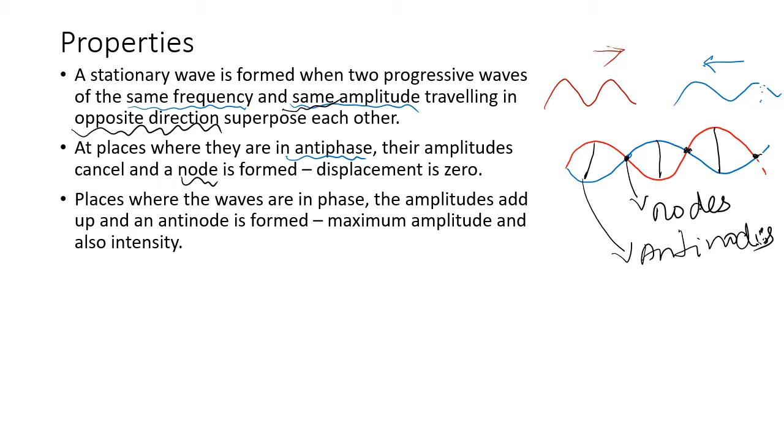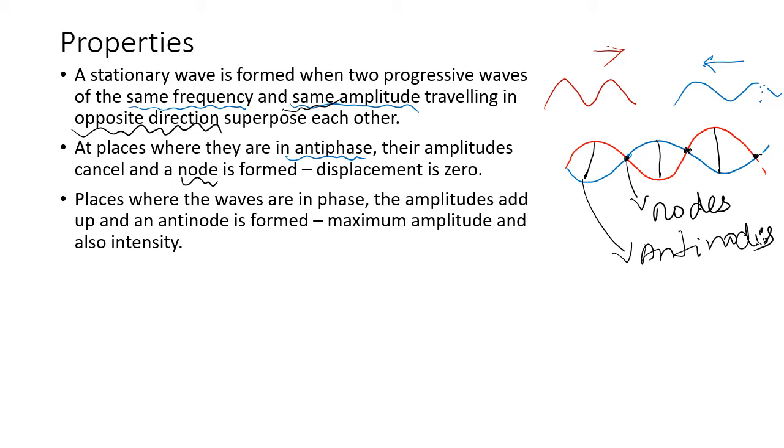When they are superposing like that, if you talk in terms of interference, in some areas constructive interference and in some areas destructive interference are taking place. Here, because it is just two waves, we don't generally use that term. In some places where they are in antiphase, the amplitudes cancel each other and you end up getting nodes.